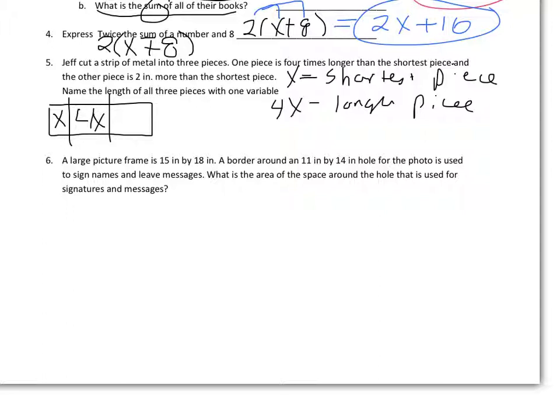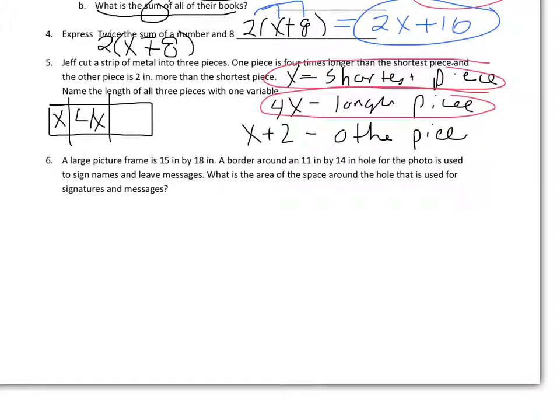So 2 inches more, we're adding 2 to something. So here the other piece is going to be x plus 2. And now what we've done is we've defined the shortest piece to be x. The next one is 4 times longer, so that's 4x. And the last piece is 2 inches more than the shortest piece. That's where we get our x plus 2.